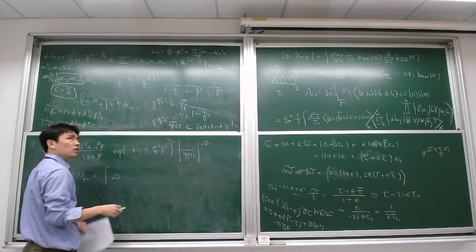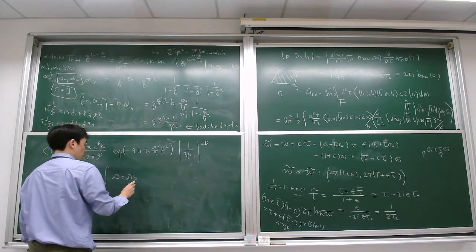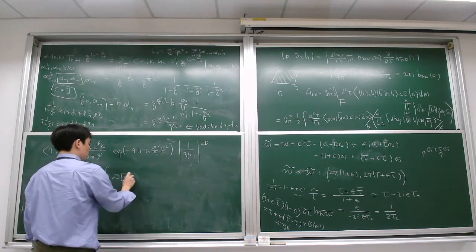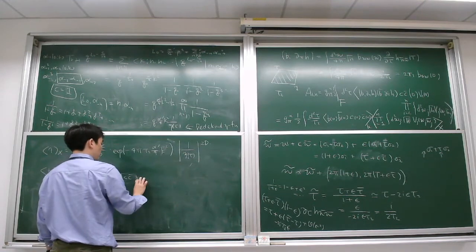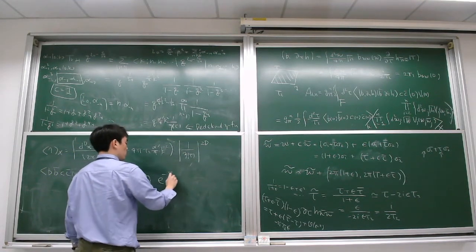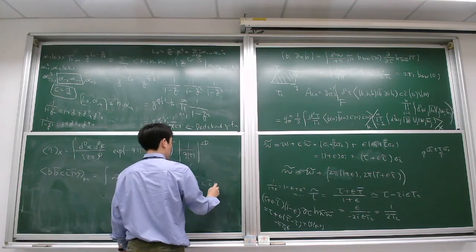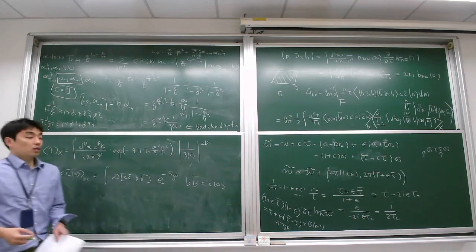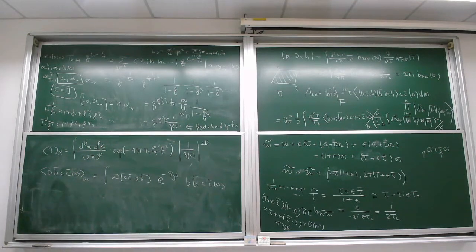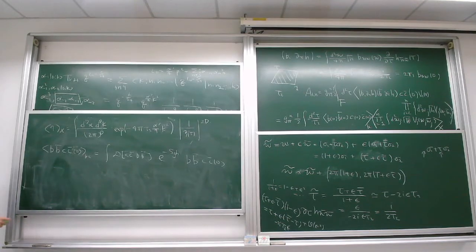I think C, B, anyway, CC bar, BB bar. This is the measure of the path integral for the ghost, and we just introduce BB bar, CC bar. So this is the path integral we will consider, but we have to be careful about the boundary conditions.